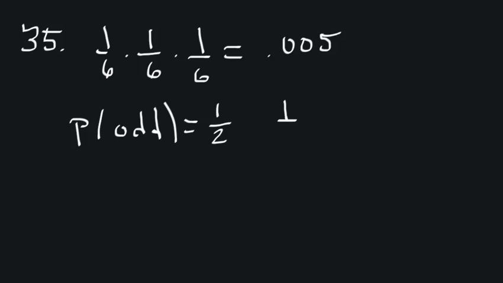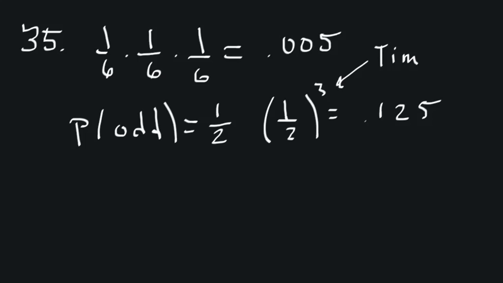So it would be 1/2 cubed. So 1/2 times 1/2 times 1/2, 0.125. Because it's 3, this tells me how many times I want this to happen. That's why we do 1/2 cubed. All right, so let's keep going.